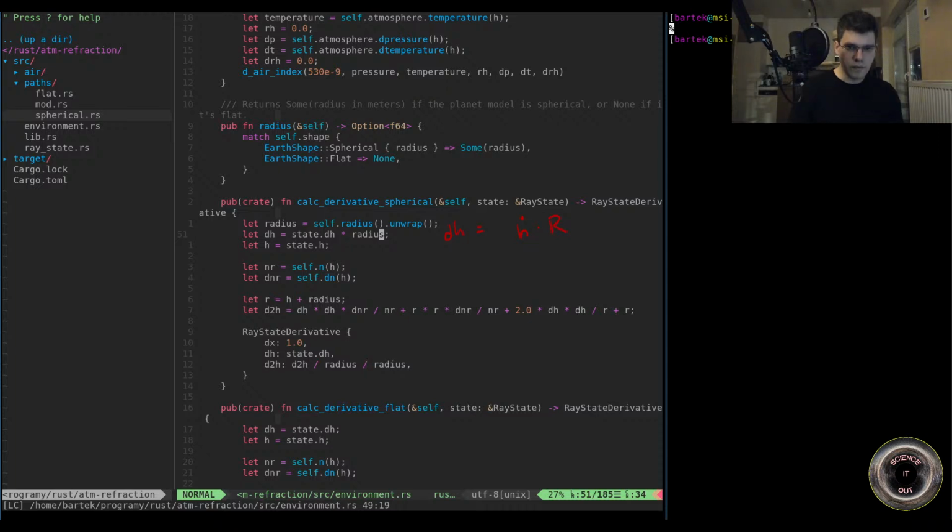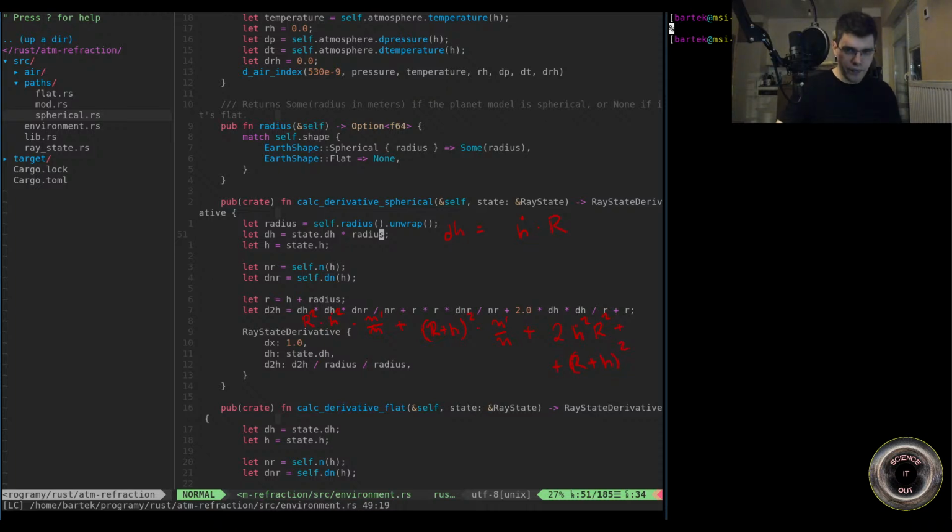So this part, I hope I remember correctly, is r squared times h dot squared times n prime over n, plus, and this is r plus h squared, times again n prime over n, plus 2 times h dot squared r squared, plus r plus h squared.